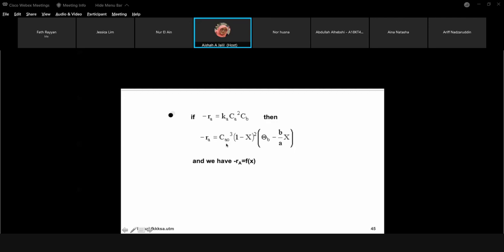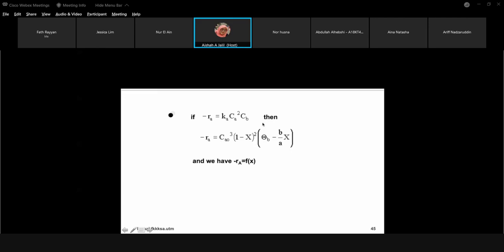CA naught you can calculate from the ideal gas equation when the question gives you the temperature and the pressure; the R you find by yourself. So this you can calculate, this you can calculate. Then when the question gives you the X, you can calculate for the RA.